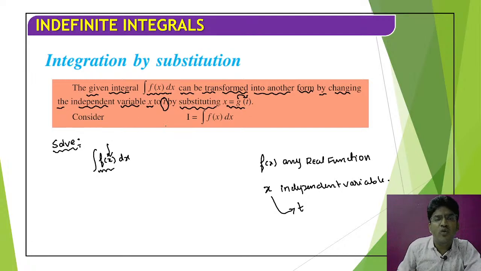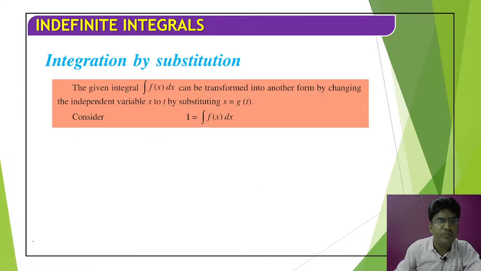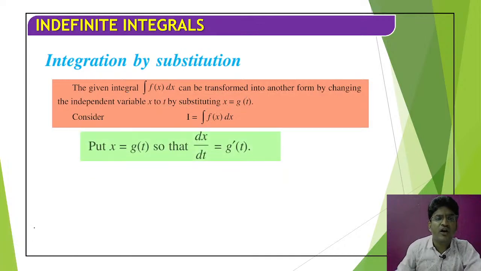Now what happens for this particular function? In the place of x, you are going to get g of t. They are going to put x equal to g of t.